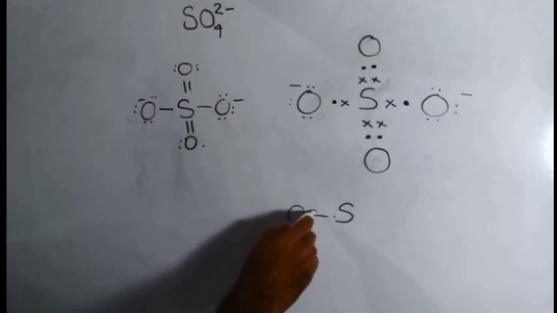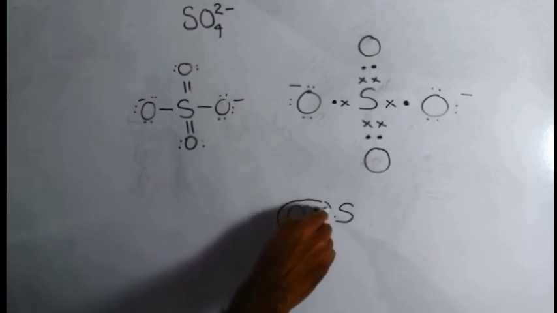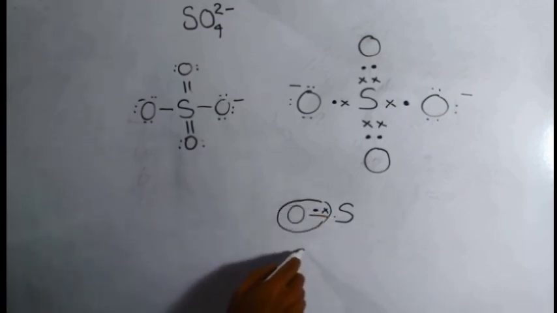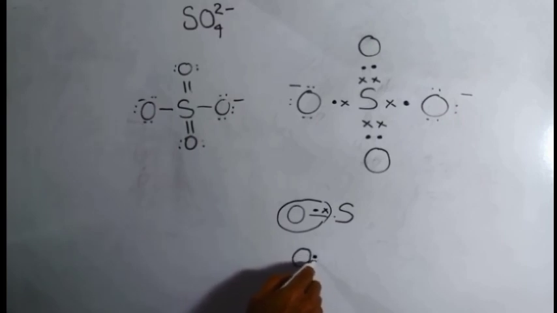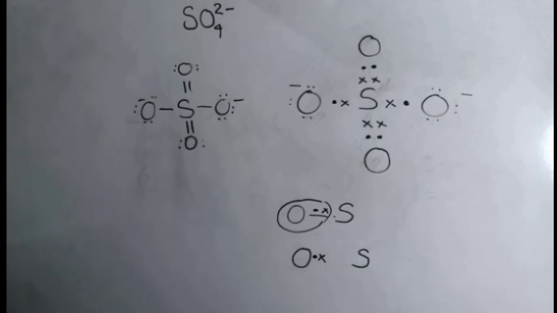So it can attract the electron cloud towards itself like this. So in this case, the electron cloud is displaced. So I am going to write it like that. It shifts more from the sulfur atom.